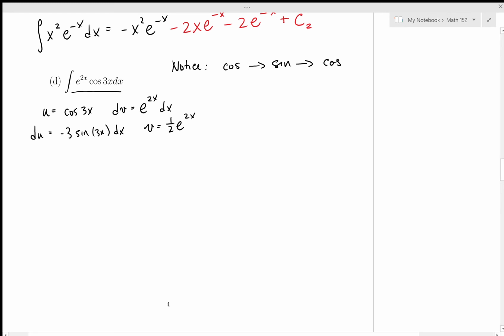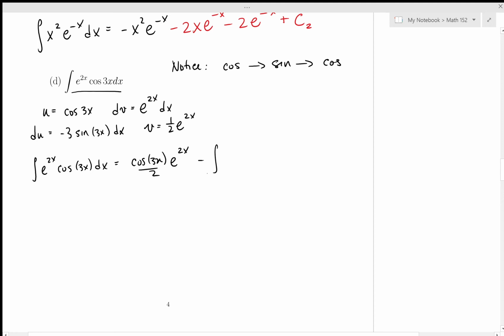Okay, so I can then write the original integral, the integral of e to the 2x cosine 3x dx. That is going to be uv, which is going to be cosine 3x over 2 e to the 2x. That is uv plus, no, minus the integral of v du. And let's see what happens.